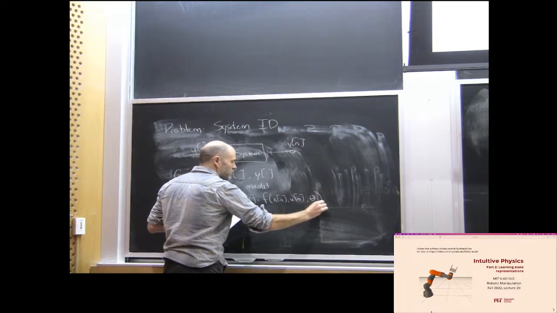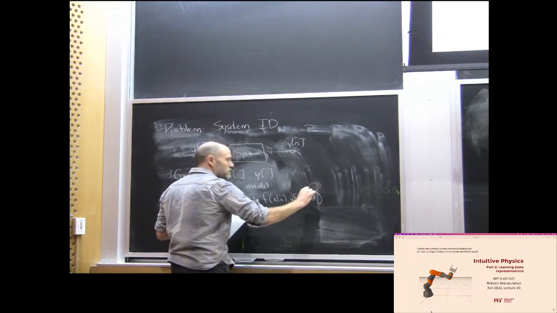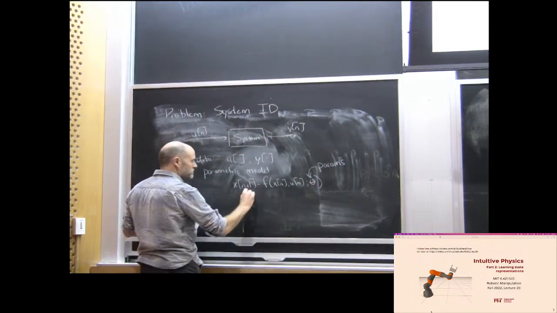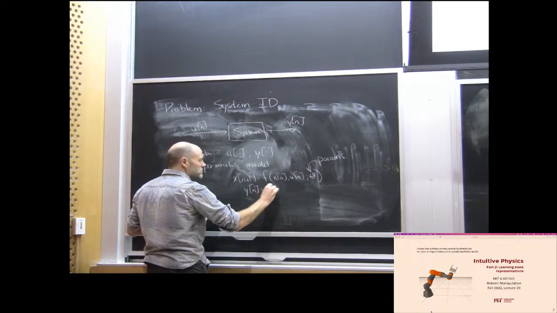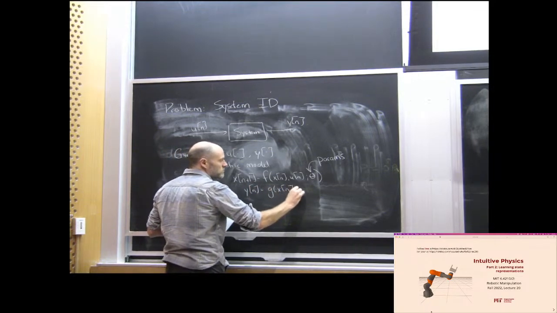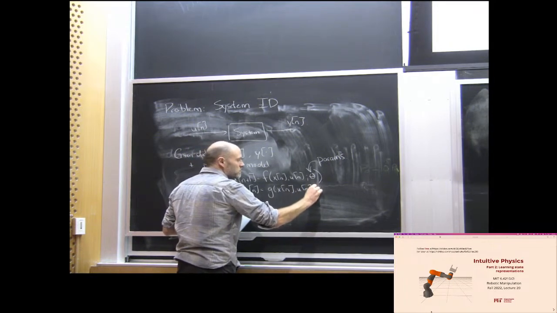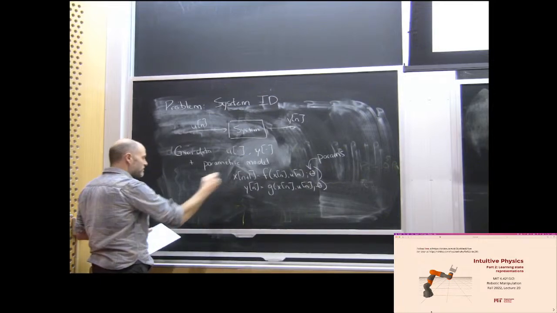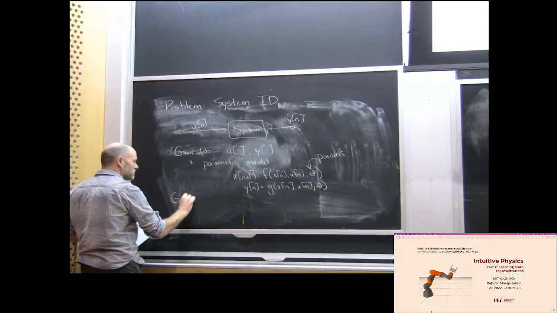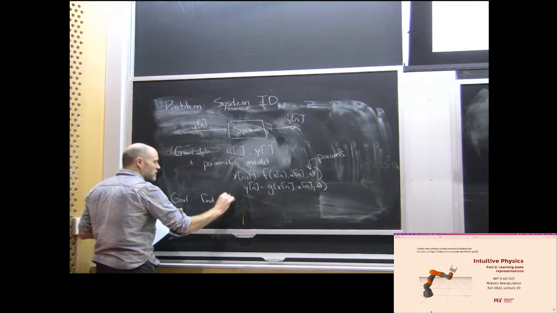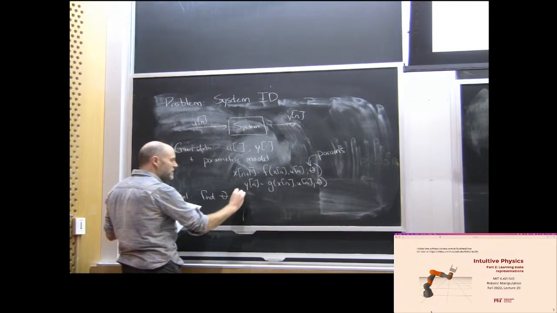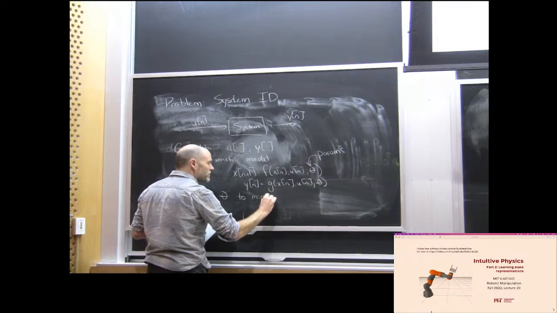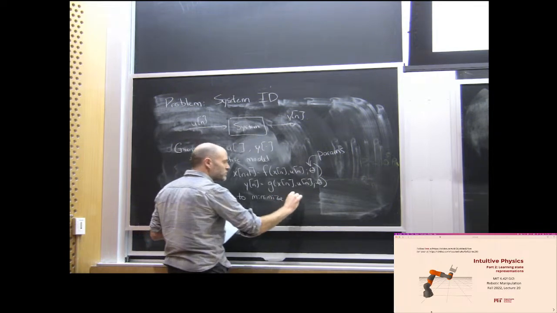These are my parameters. This might depend on the parameters too. And the goal is to find my parameters theta to minimize my system ID objective, some form of prediction error.